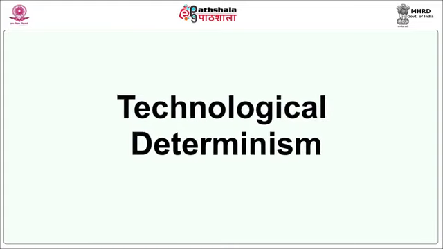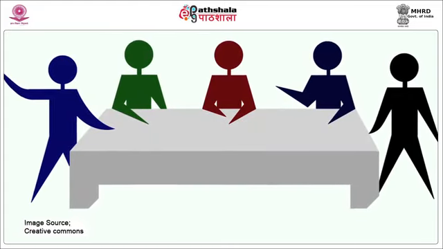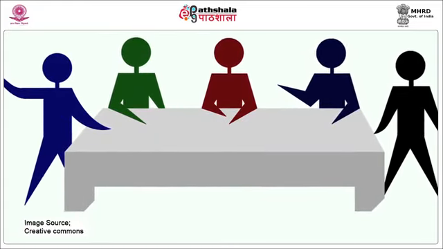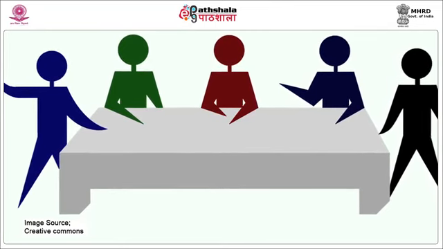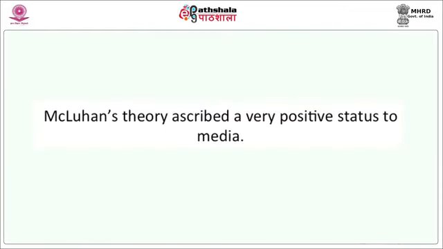Technological determinism. Marshall McLuhan was a Canadian scholar who theorized the concept of technological determinism. In an era where most media theories were explaining the ill effects of media, McLuhan's theory described a very positive status to media.